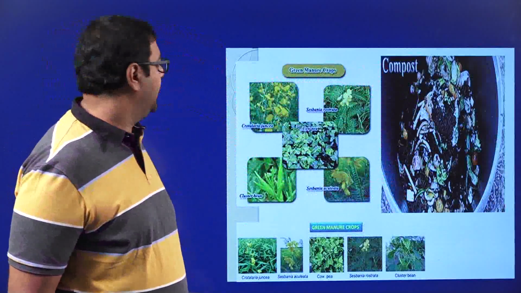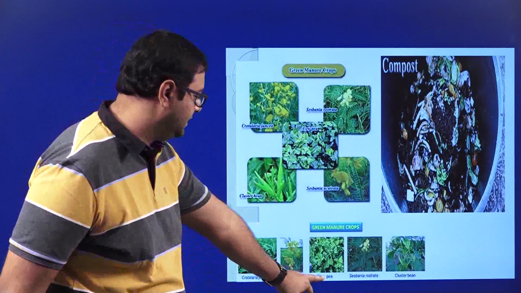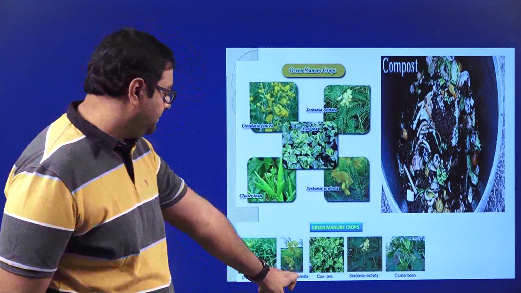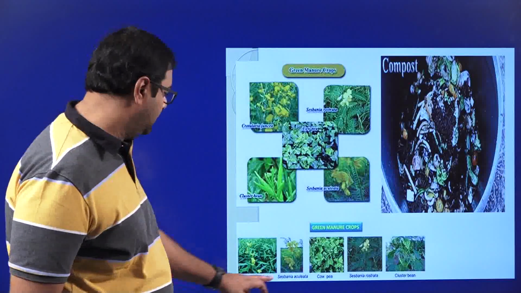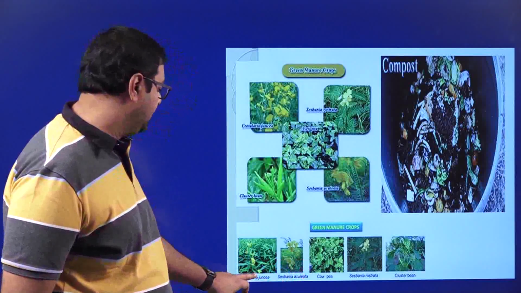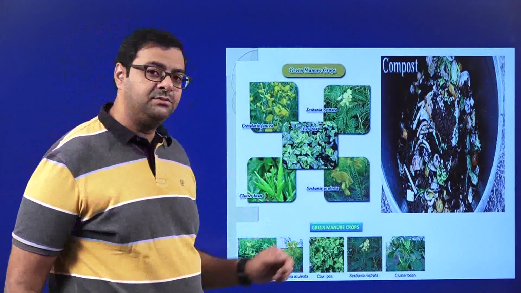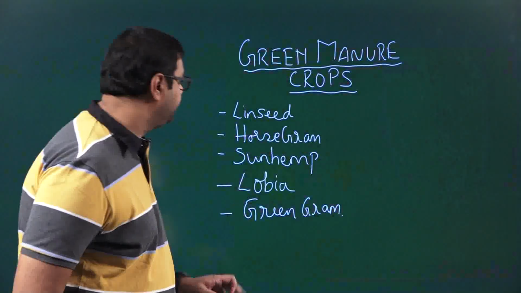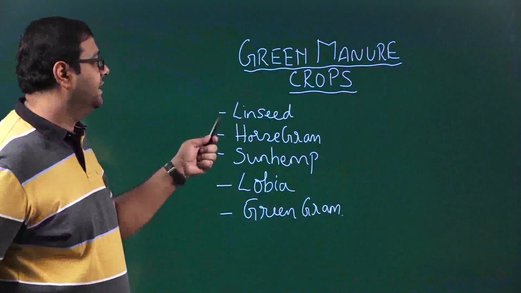Okay, moving on. These are some of the green manure crops, like you can see here, cowpea. Now Sesbania, then Crotalaria juncea. Okay, all these are scientific names, but for making your life easy, I have given the names of crops which are used as green manure.